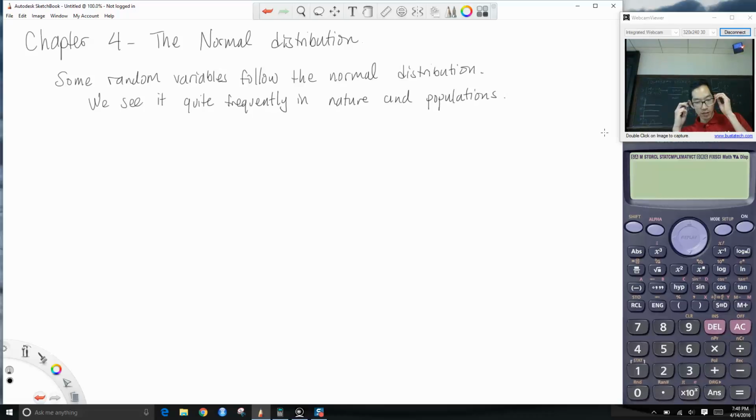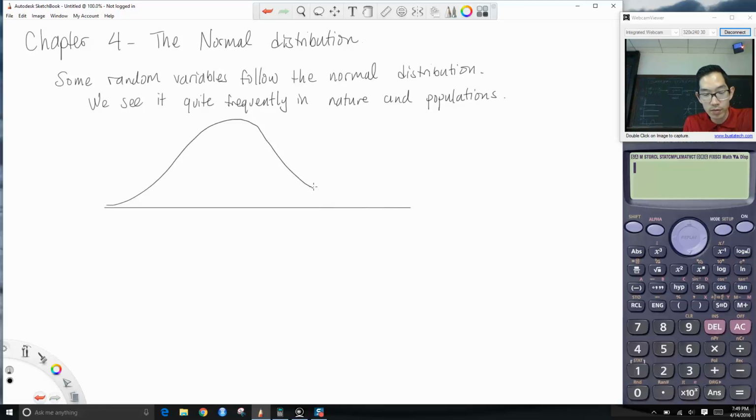Okay, and I guess that's why it got the name normal, because it gives us an idea of what is normal. Let me cheat in a moment and just use the pre-drawn normal distribution, but it looks something like this.